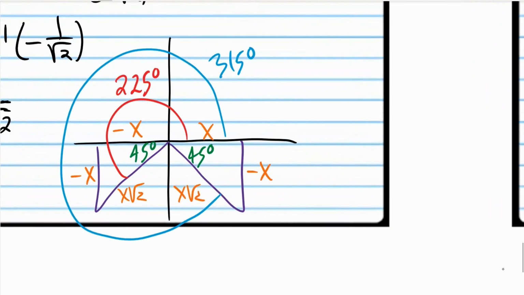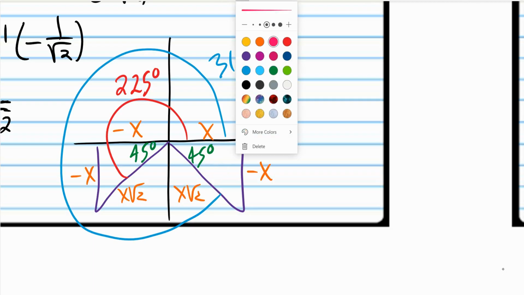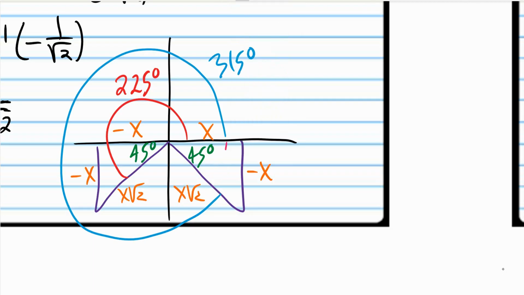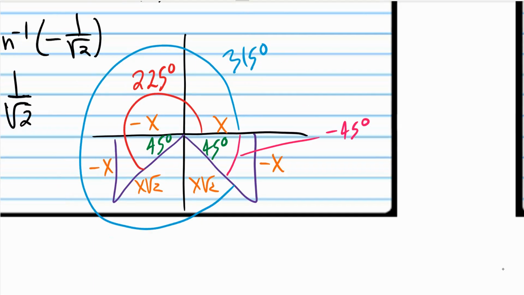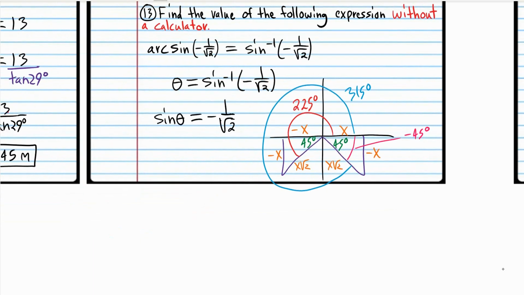So what do you do? You get to the closest number, and you rotate clockwise instead of counterclockwise, and that gives us a negative angle. That is negative 45 degrees. So the answer we're looking for is actually negative 45 degrees.